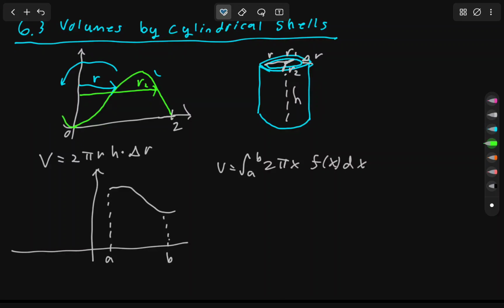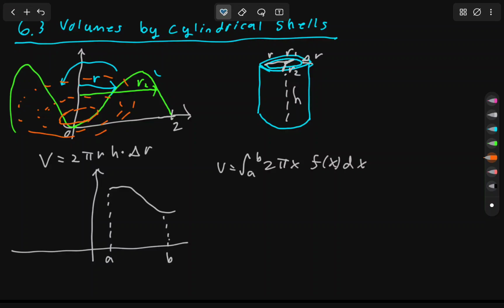If I want to know what this would look like, and sorry, that's going to look a bit bad, we're going to take a ton of little cylinders with divots cut out in the center, and we're going to use these cylinders with holes in the center to evaluate the volume.